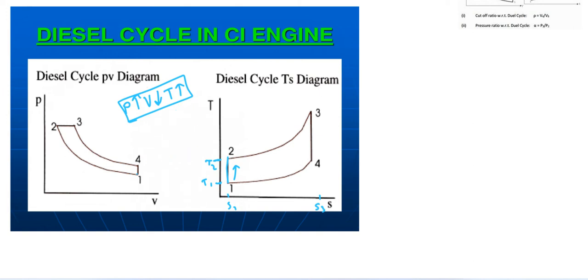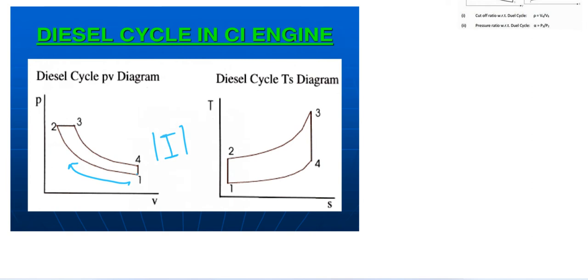Now let us go to the real part: how the diesel engine solves problems. At 0 to 1 it is suction. Process 1 to 2 is reversible adiabatic compression, because the piston goes from bottom dead center to top dead center, where compression takes place.